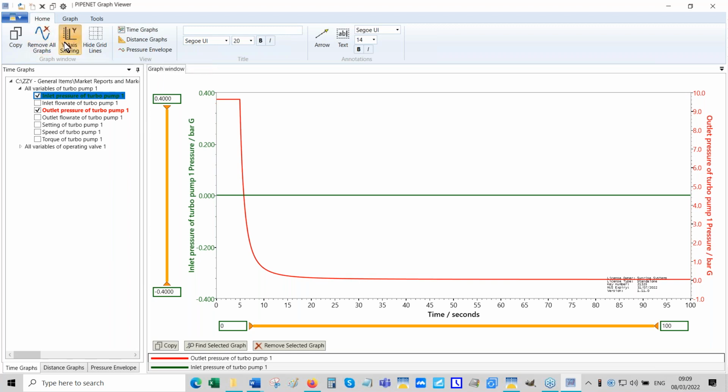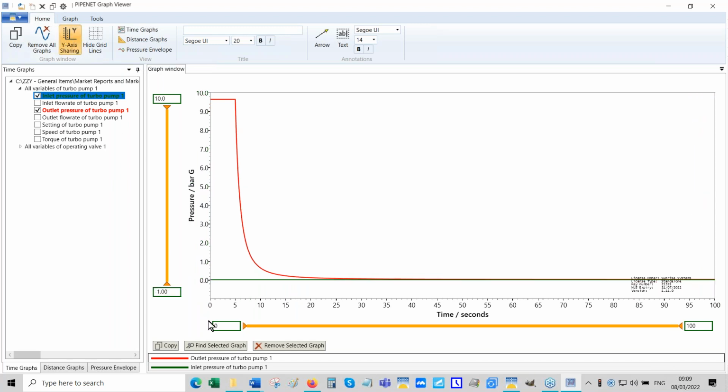So click on that. It makes the axis for the pressures the same. So you can see that both the inlet and the outlet pressure reach the value 0.